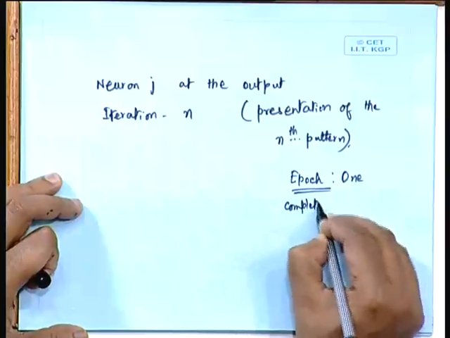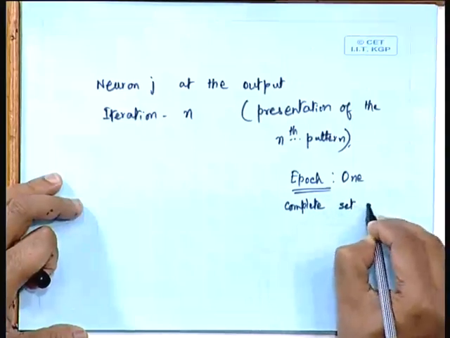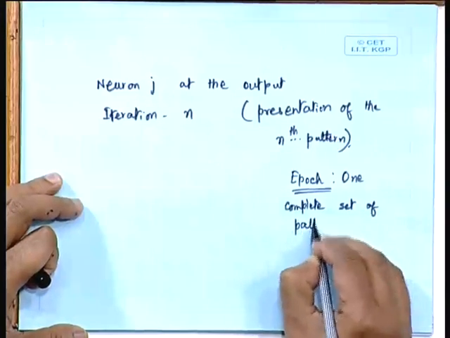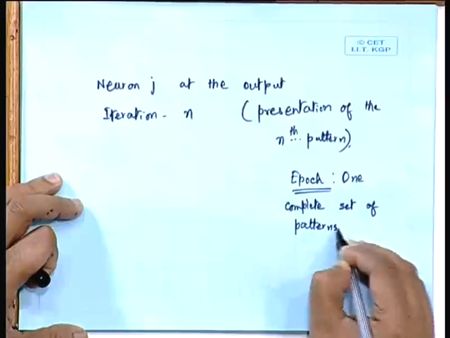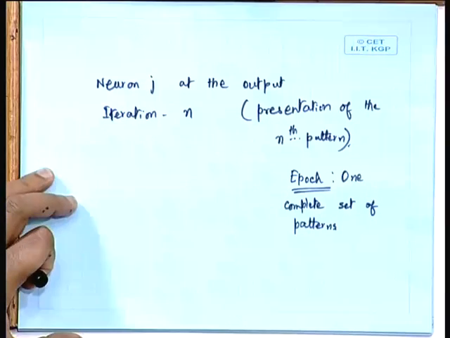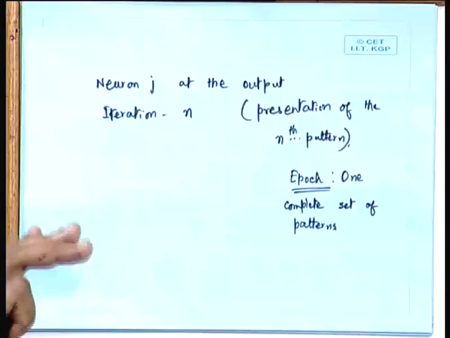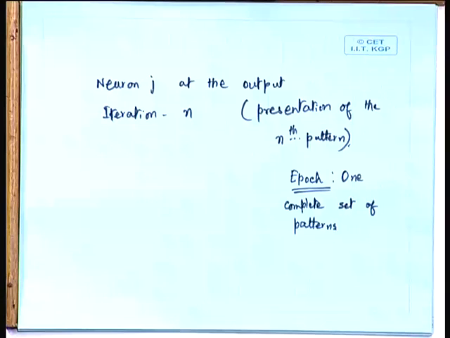So, instead of waiting for one complete set of patterns, or an epoch, we were updating the weights with the presentation of every training sample. That is what we were doing for the case of LMS, because we were considering only the instantaneous error energy, that is, Ej at iteration n squared.